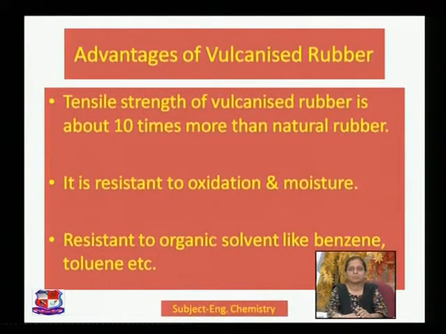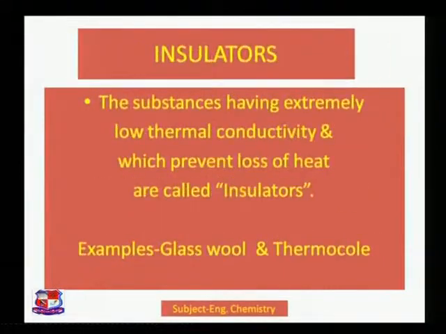Vulcanized rubber is resistant to oxidation and moisture, which is again a very good quality, so it can last for a long time. It is also resistant to organic solvents like benzene, toluene, etc. These are the important advantages that help vulcanized rubber find its place in this world. Okay, we'll move ahead.